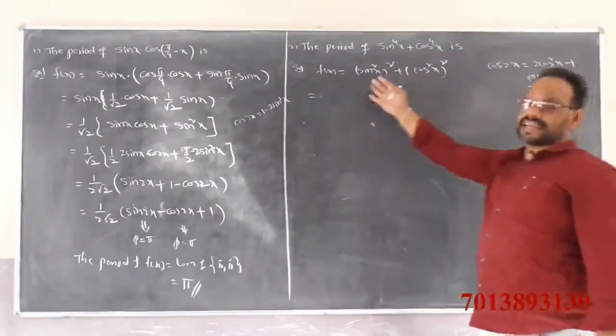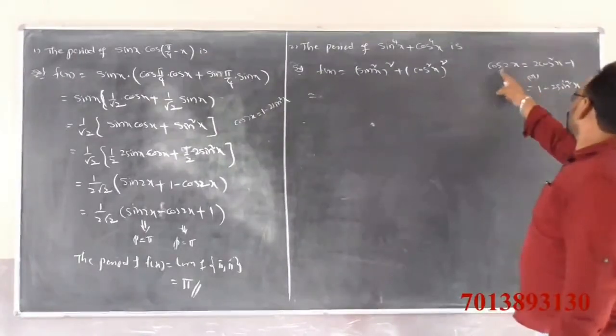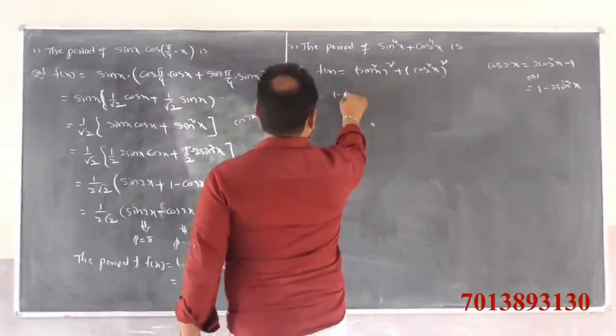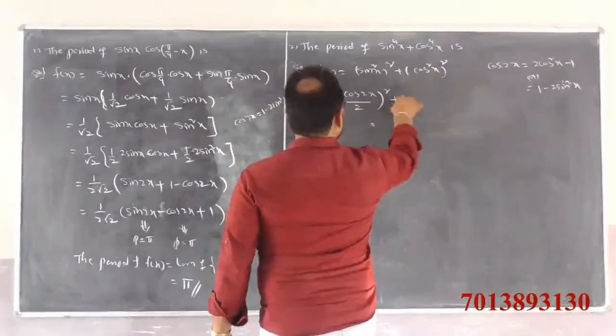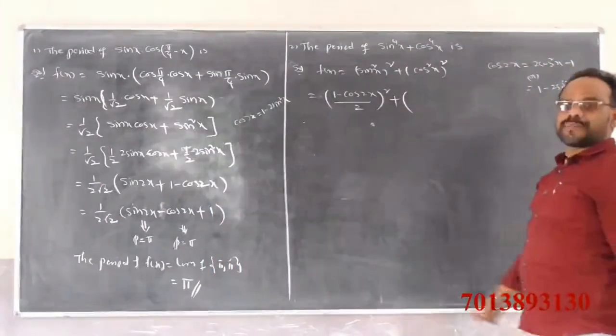We want sin square x value. Clearly, sin square x is equal to 1 minus cos 2x by 2. So this can be written as 1 minus cos 2x by 2 whole square plus cos square x.